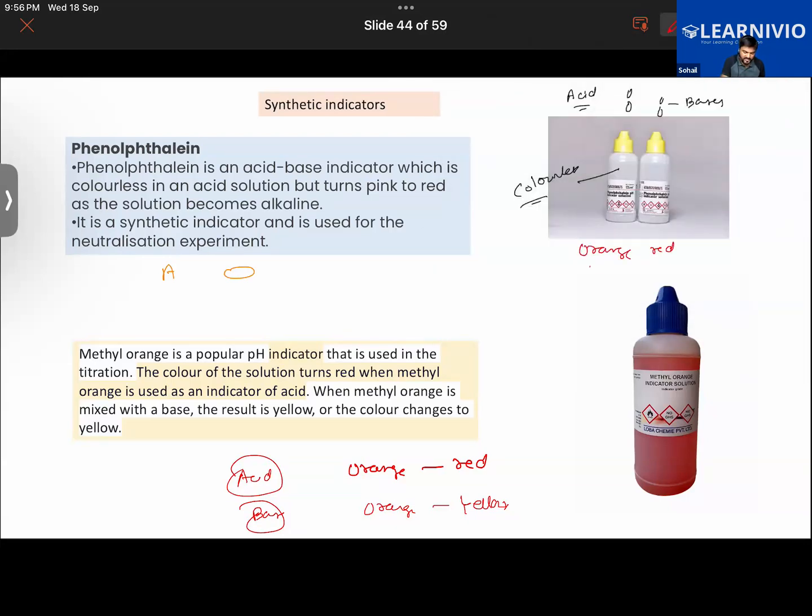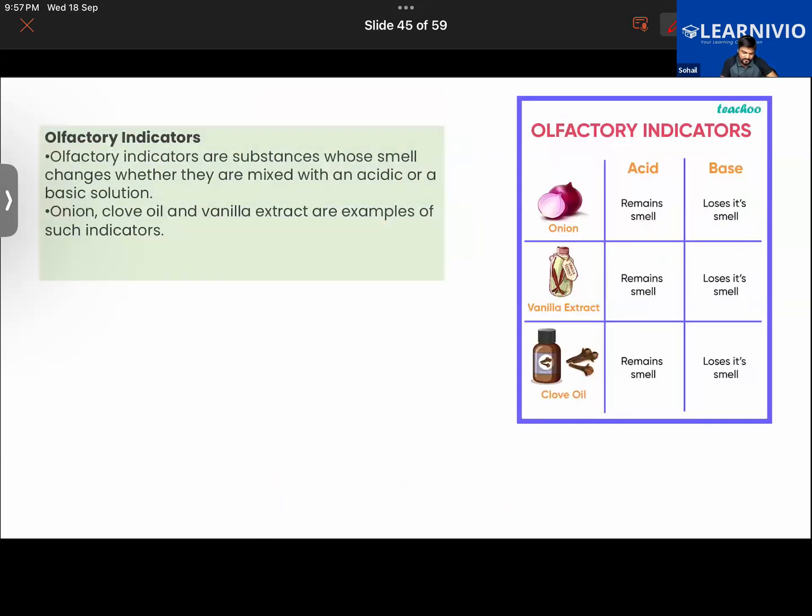If the pH level is, let us say, 4 to 7, then it will be colorless basically. But nonetheless we basically say that it will be colorless in the acidic solution. No need to go into that part of the discussion. Just know that in acidic solution it remains colorless, but in the base it turns to red color.